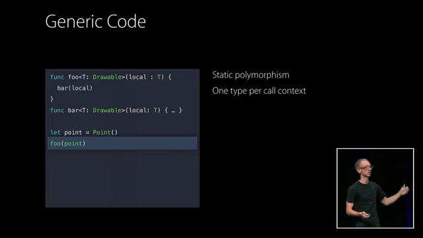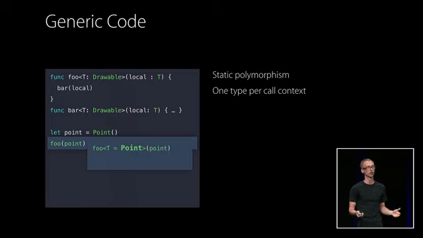Well, let's take a look at this example. We have the function foo, which takes a generic parameter T constrained to be drawable, and it passes this parameter off to the function bar. This function, again, takes a generic parameter T. And then our program creates a point and passes this point to the function foo. When this function executes, Swift will bind the generic type T to the type used at this call site, which is in this case the point.